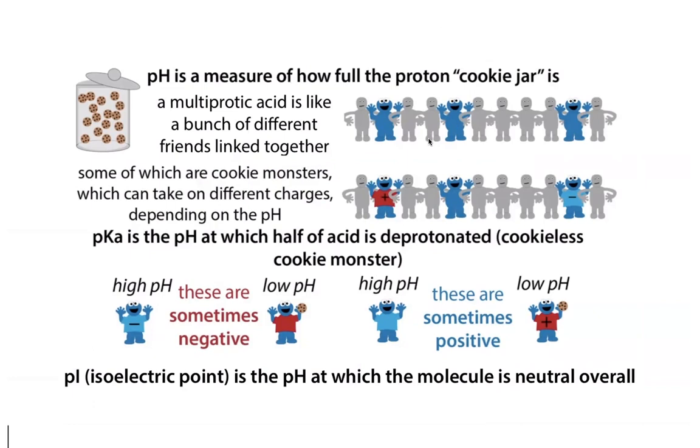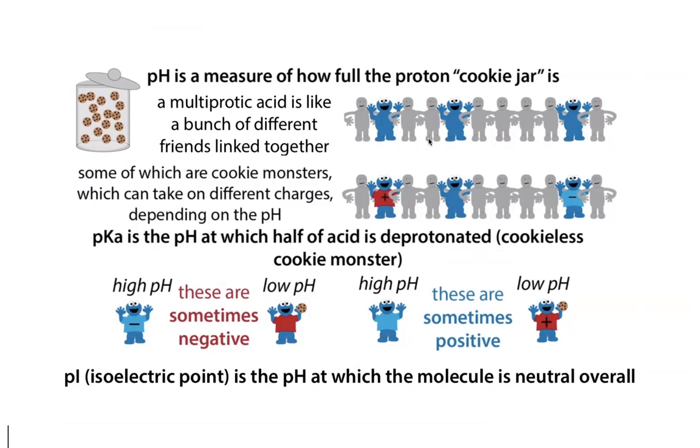So that was a simple case where we just have a single pKa to talk about. But as I mentioned, we often have complicated things in biochemistry. We have things where instead of a single pKa on a molecule, we have multiple. And we might have lots and lots and lots. So a multiprotic acid is like, instead of just inviting a bunch of different friends, you invited a bunch of separate friends.